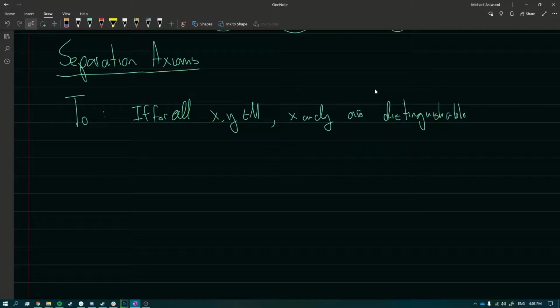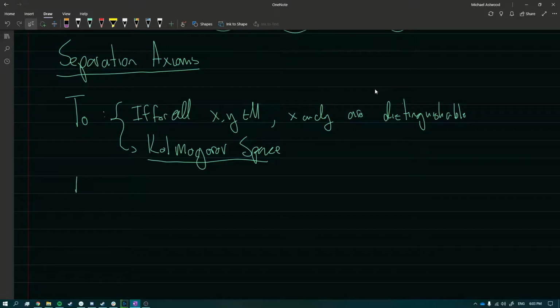So this is also called a Kolmogorov space. Kolmogorov was a big mathematician in the 20th century. You're going to hear his name quite a bit.